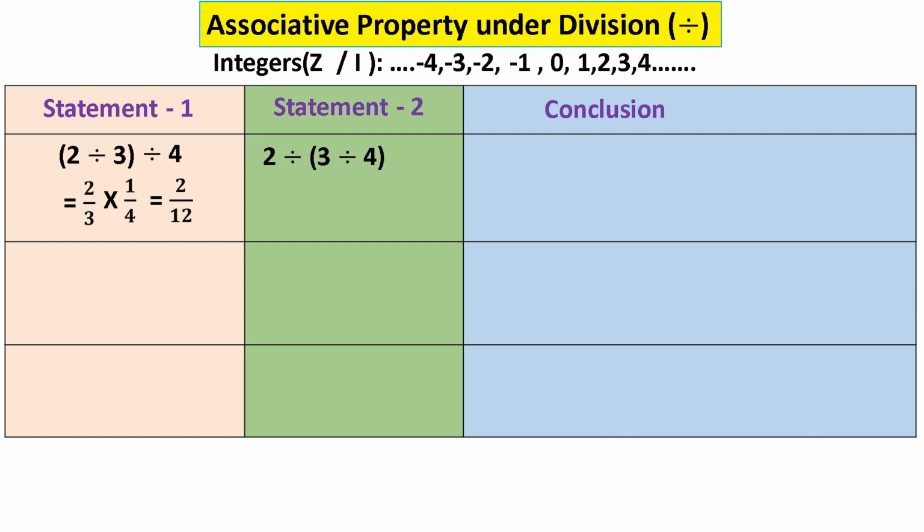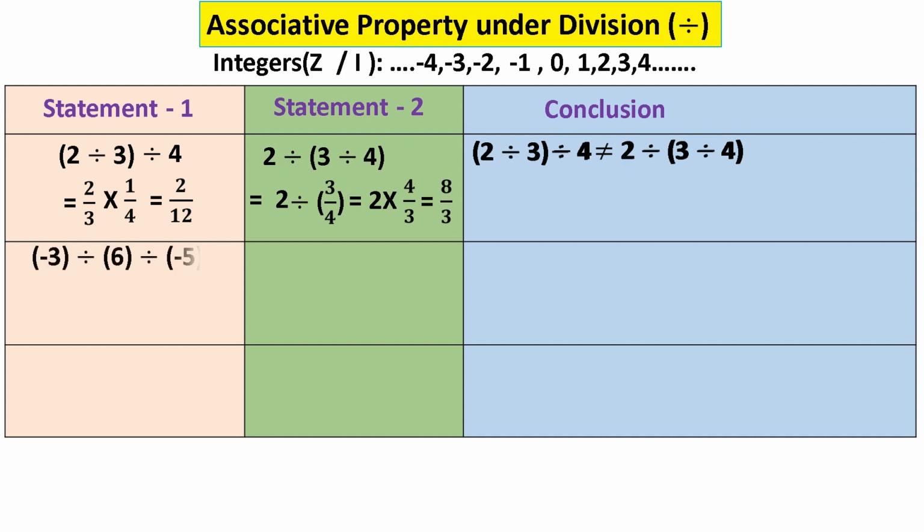Here 2 divided by 3 by 4, we will get 8 by 3. In statement 1, we get 2 by 12. In statement 2, 8 by 3. These are not equal. So 2 divided by 3 divided by 4 is not equal to 2 divided by 3 divided by 4 with the last two grouped.